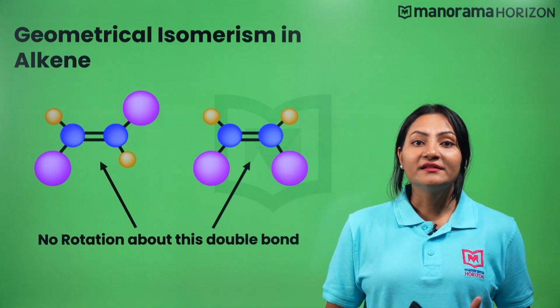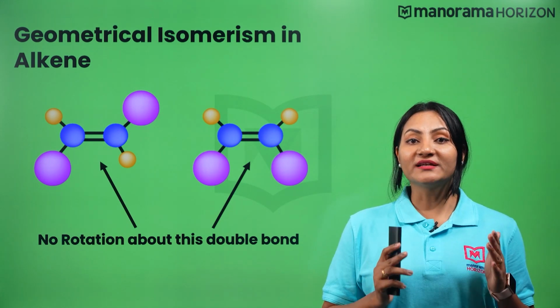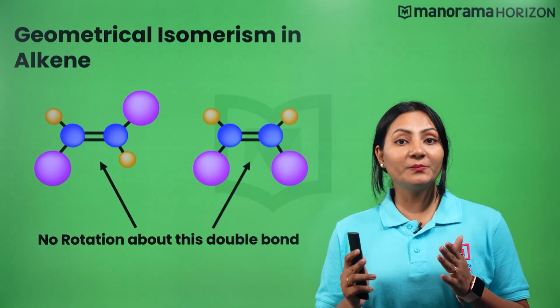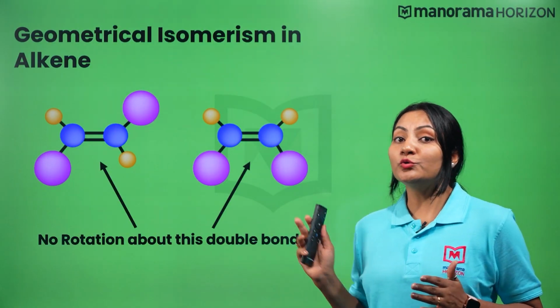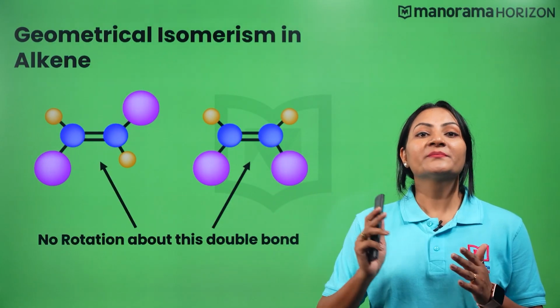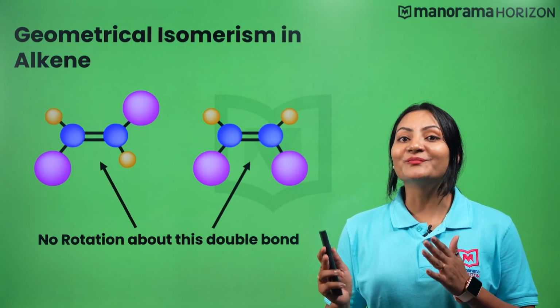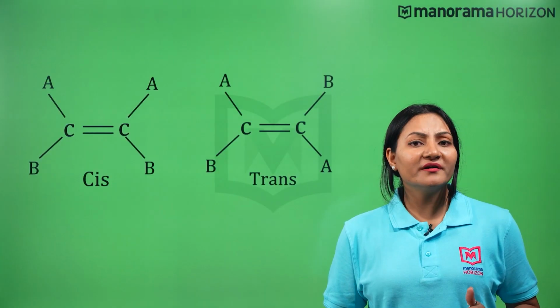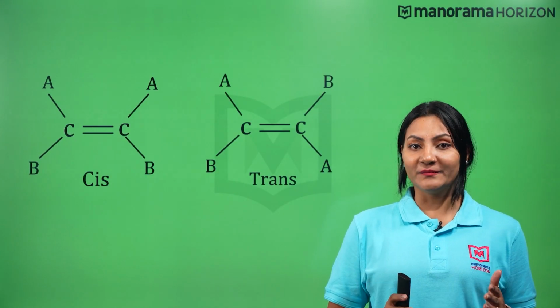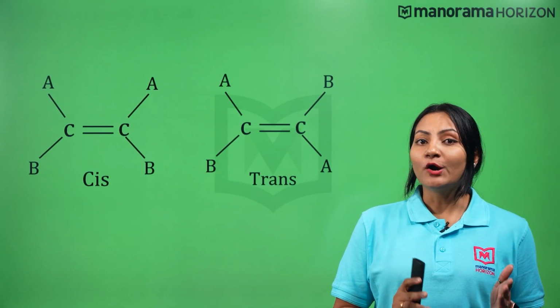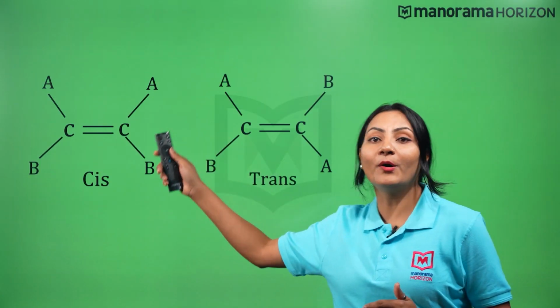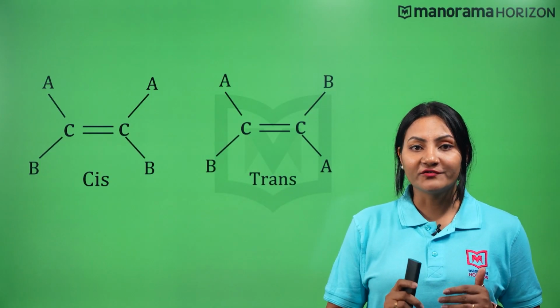As a result, organic compounds of the type C2A2B show 2 spatial arrangements for isomers, which are called geometrical isomers. The isomers which have similar atoms or groups present on the same side of the double bond are known as cis isomers.